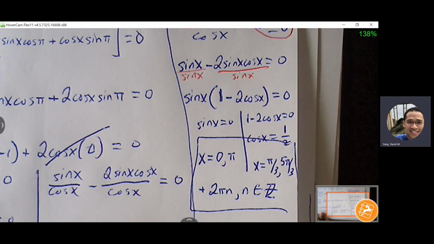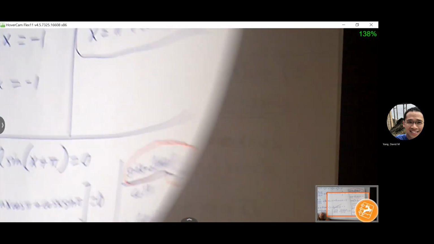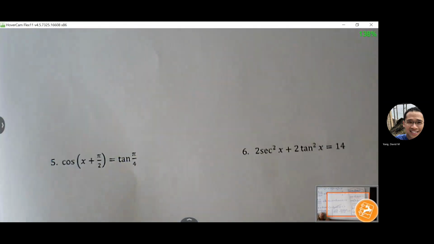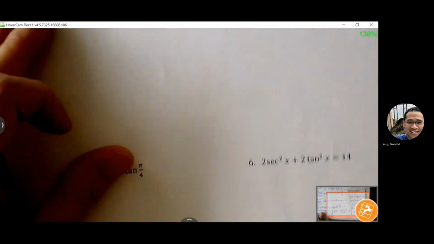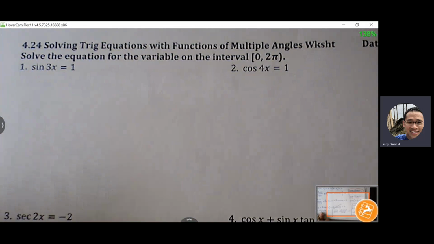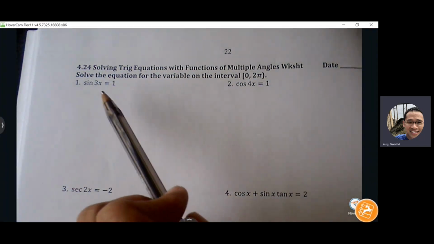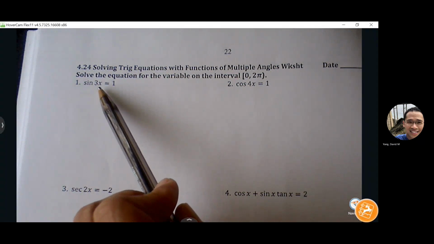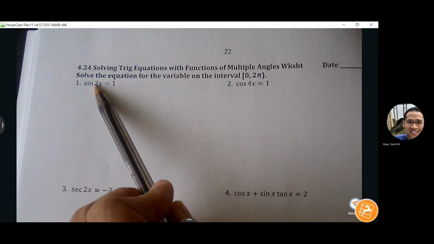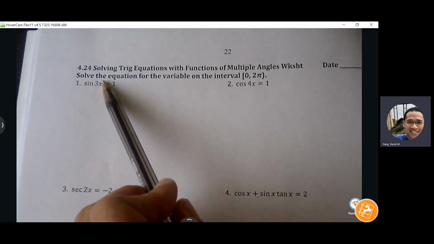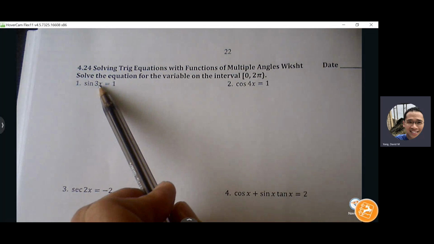Okay, let's go to page 22. I want to talk about this strategy when you're dealing with a sine or cosine or trig function with multiple angles that's higher than double angle.